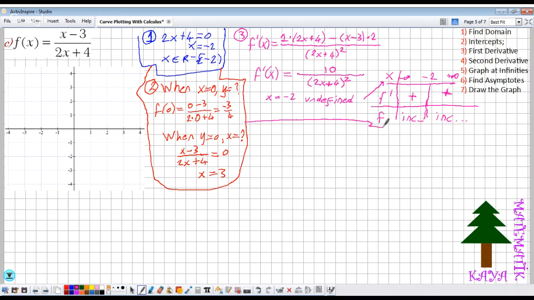So now we can move to the fourth step. F of, let's write number 4 over there. Fourth step, second derivative of x.